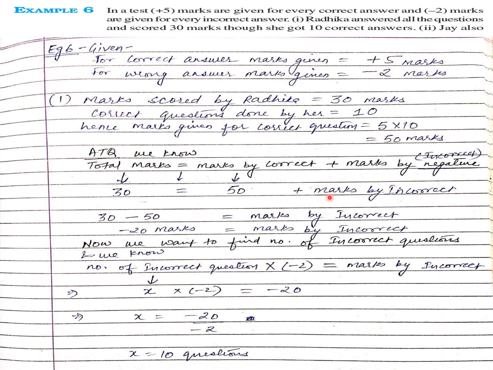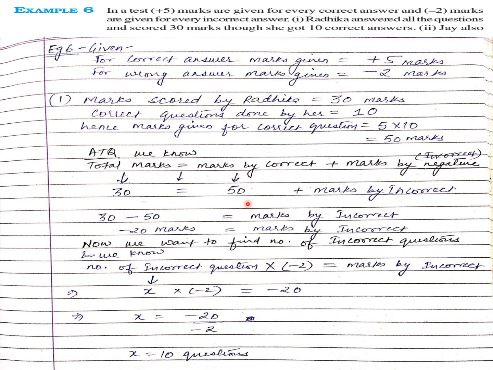Now to find this, we have learned in the previous examples, whatever we need to find, we isolate it or make it alone on that side. So we have to remove this 50 from here and take it to the left side. Just observe, this 50 is getting added to this variable. So when this 50 goes to that side, it will be subtracted.